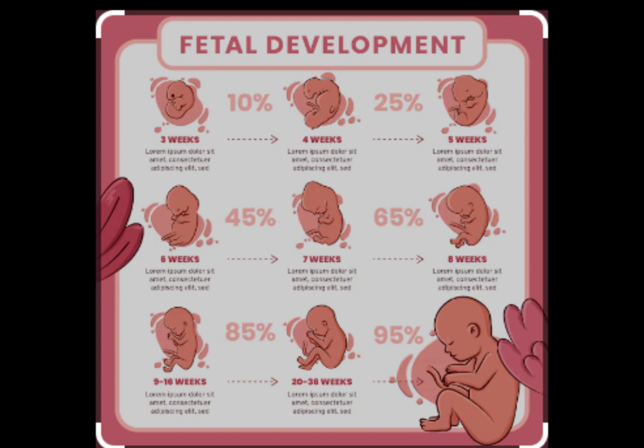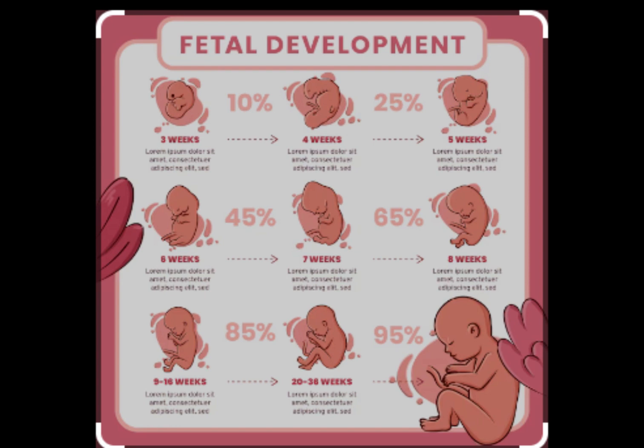Week 19. The fetus is getting stronger, and most people begin to feel kicks and pushes. The fetus also has its own unique set of fingerprints and can hiccup. Week 20.